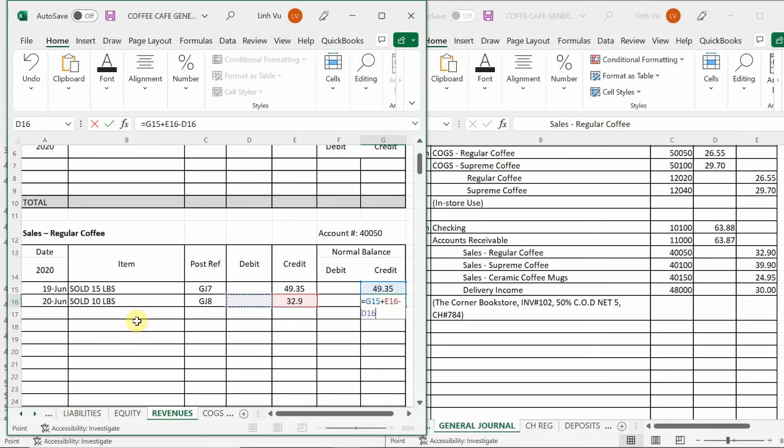Okay, 82.65. It should be 82.25 because we get 90 cents plus 35 cents. You might have switched the number around.